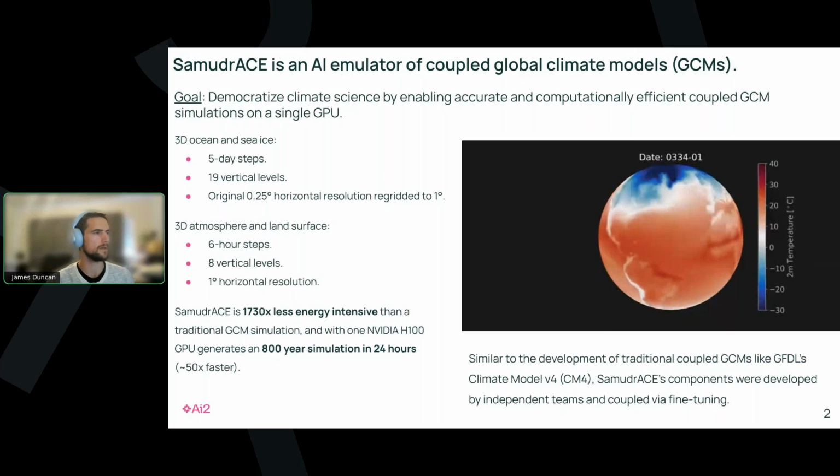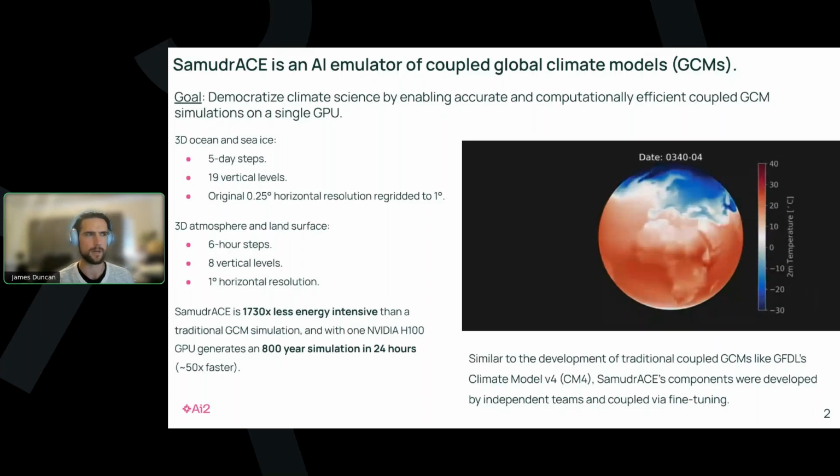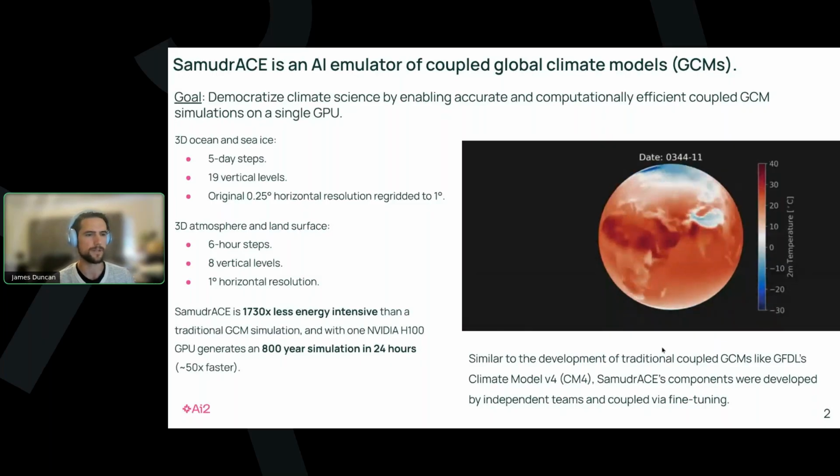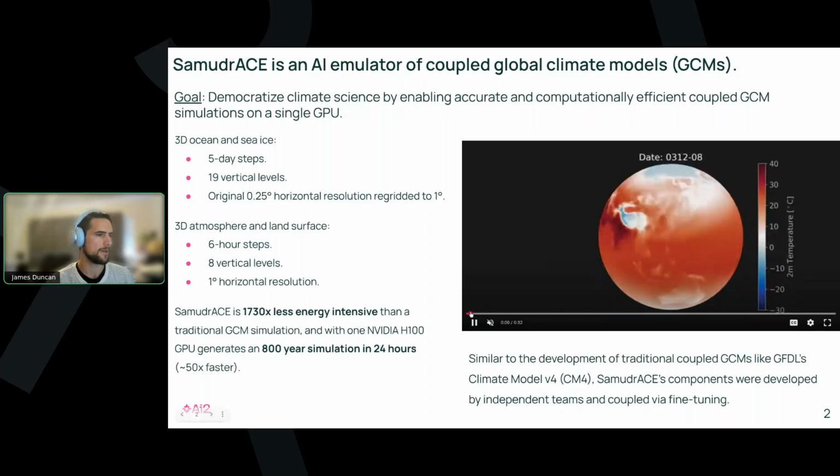And our goal in this project, and I think more generally in AI2 climate modeling, is to democratize climate science to a certain extent by enabling accurate and computationally efficient coupled GCM simulations on a single GPU. So this simulation here was run on a single H100 GPU over 40 years.